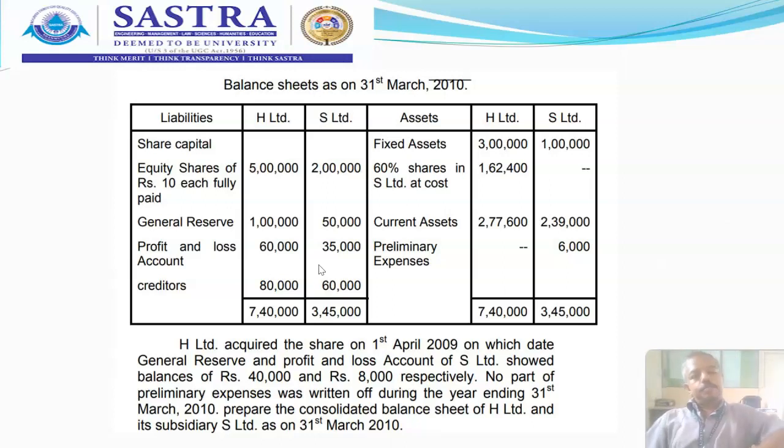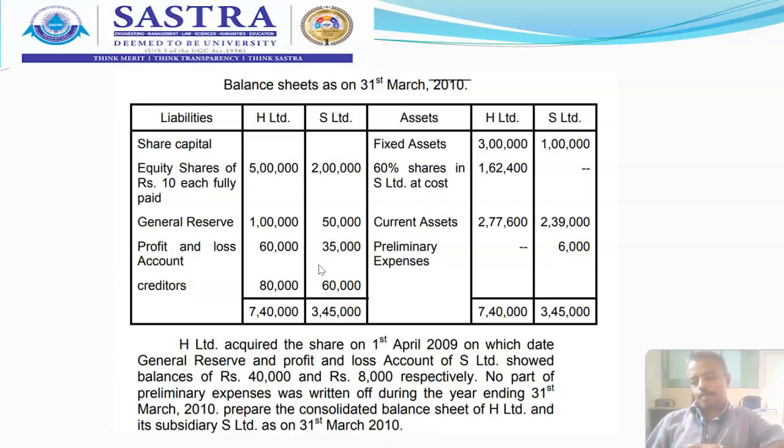So calculation of minority interest. The paid up value of 40% shares of S Limited. So how does that 40% arise? That is the minority portion. We need to first calculate that. 60% of shares were acquired by H Limited, so the remaining must have been acquired by the outsiders.